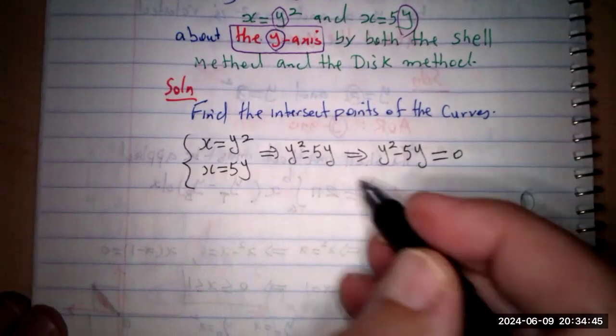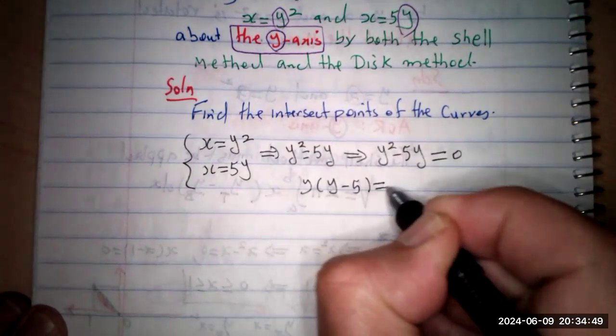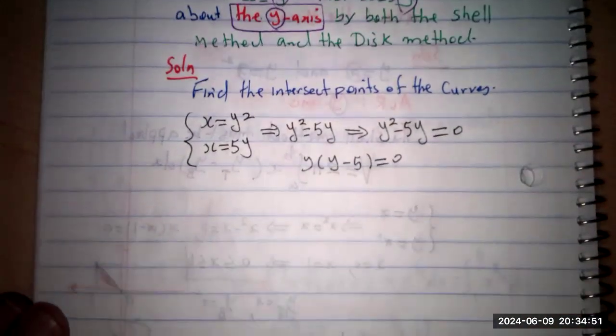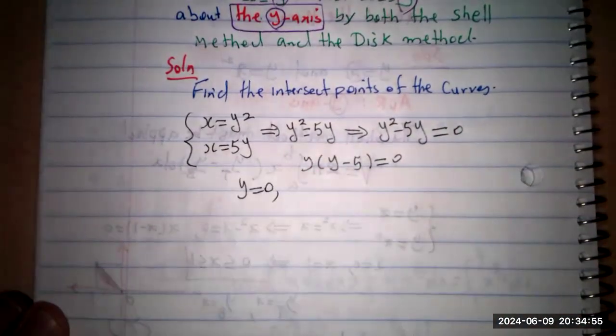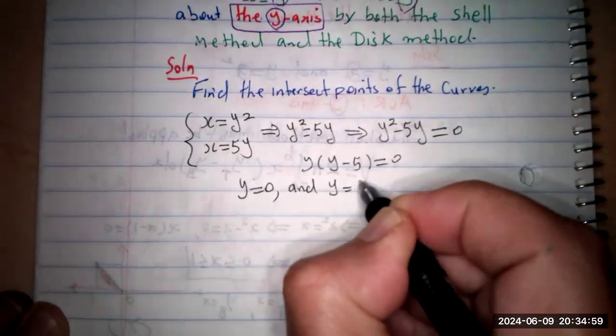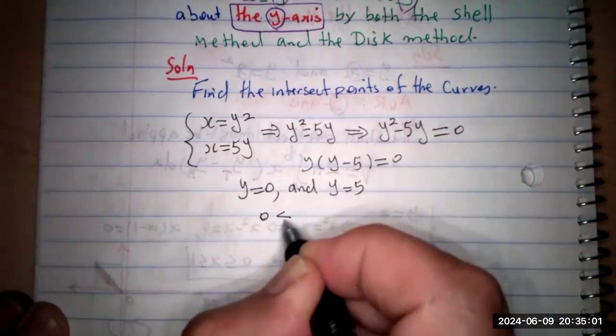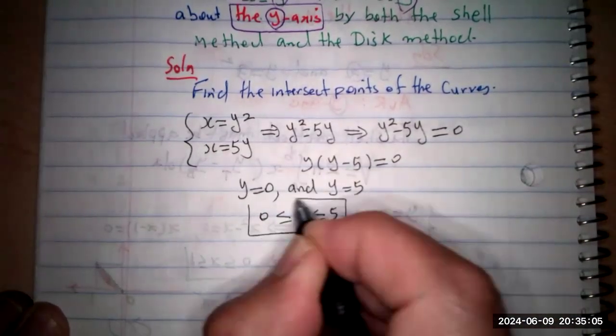You factor out the y, so that gives y times (y minus 5) equal to 0. So you have two solutions, y equal to 0, and y equal to 5. So y is between 0 and 5. Okay, that's it.